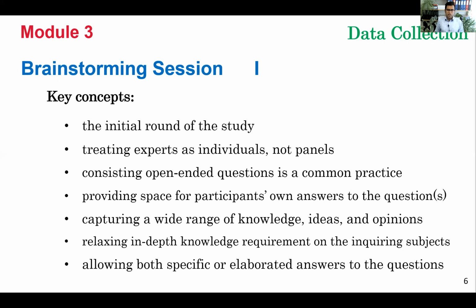However, researchers must be available to clarify the asked questions to the participants. So, valid contact details should be provided accordingly.